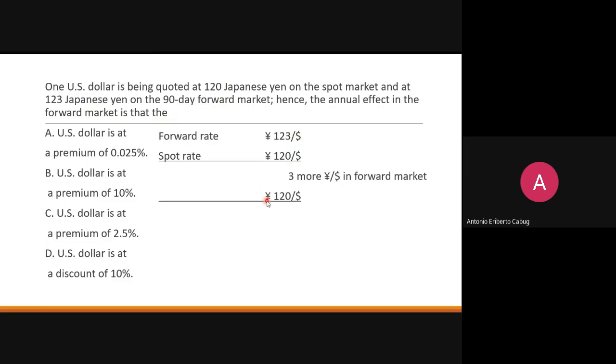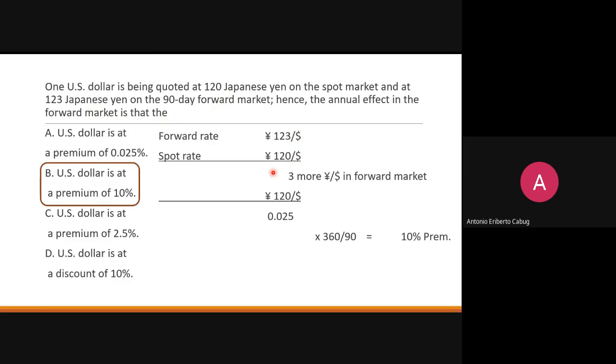Divided by 120, the spot rate, the dollar is 2.5% higher in the forward market than in the spot market. But this is a 90-day forward contract. To annualize this, divide by 90 and multiply by 360. That's a 10% premium. Letter B, the US dollar is at a premium of 10%.